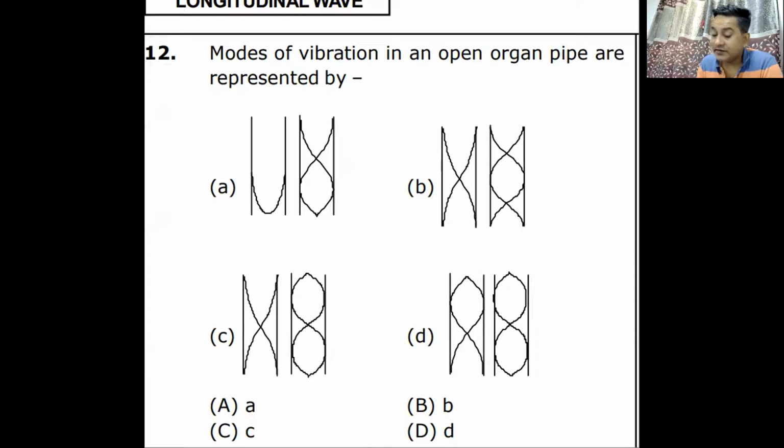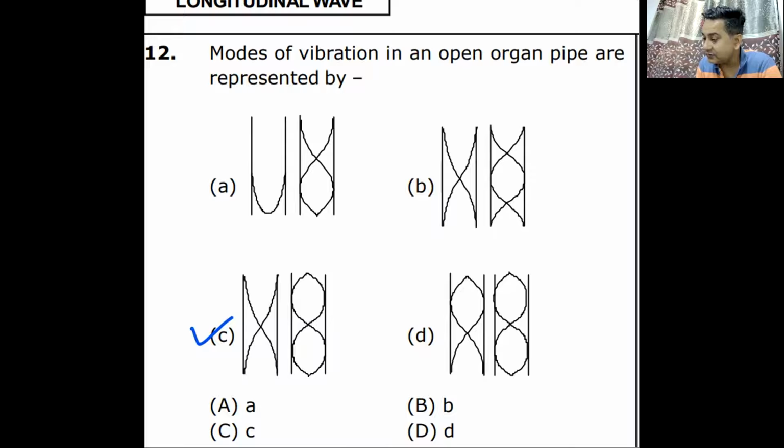Remember, which diagram represents the vibration in an open organ pipe? The only answer is C. Yes or no? Do you understand this?